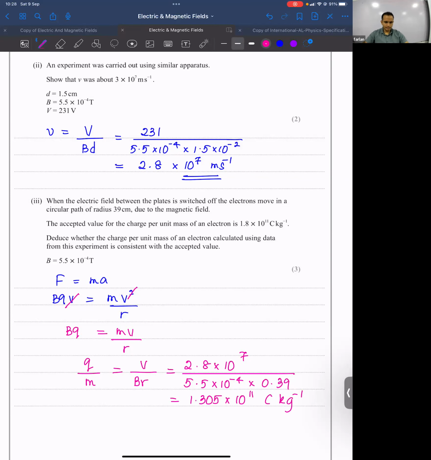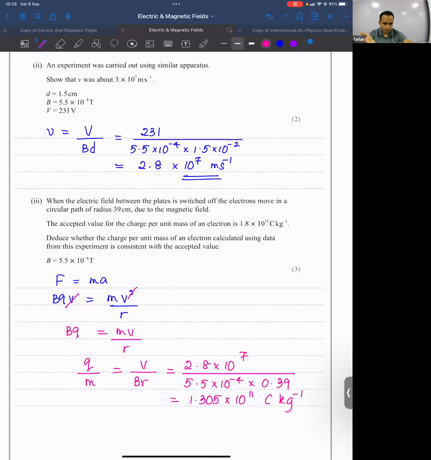Okay, what are they saying? The accepted value for charge per unit mass of an electron is 1.8 into 10 to the power 11 coulombs per kilogram. We are getting 1.305 into 10 to the power 11 coulombs per kilogram. Right. So what do you think? No, not consistent, because 1.3 to 1.8 is a significant difference.